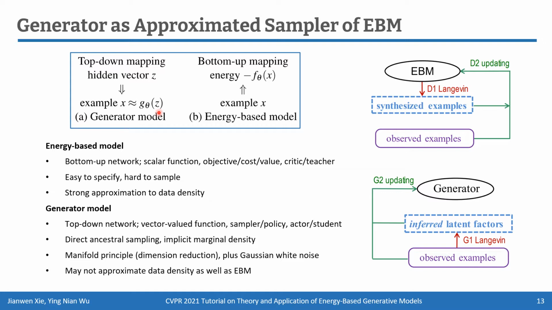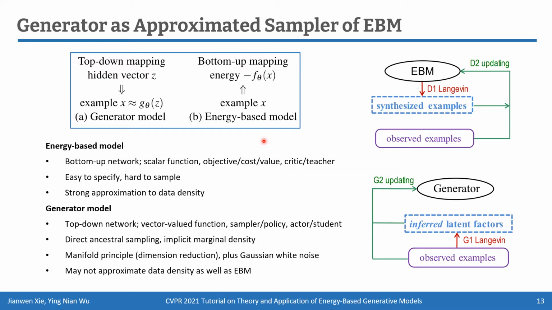And if we consider the energy-based model, it is parameterized by a bottom-up network, where again the image or the example X is at the bottom, and then we use a bottom-up network to compute the energy function, the negative f theta of X. So this is the form for the energy-based model.